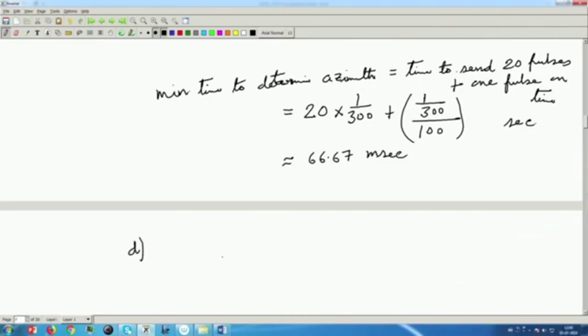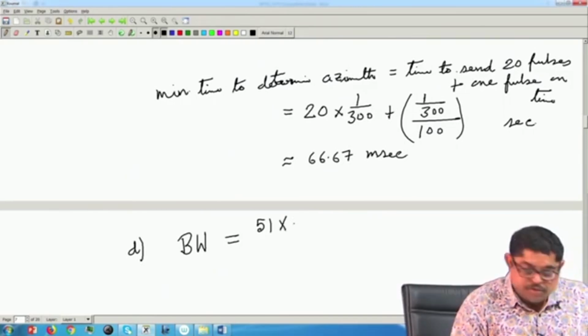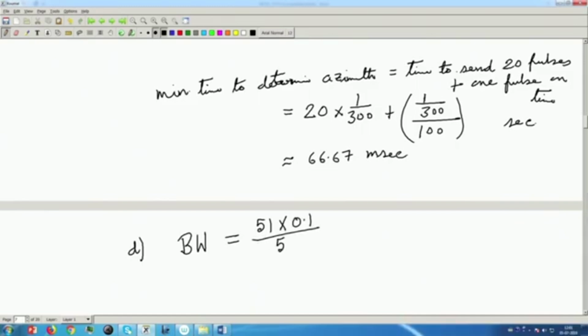Let us do the last thing: what is the time for scanning the full search sector in azimuth. Now, for that some antenna knowledge is required. Beam width of the antenna in the azimuthal plane is given by this. So, beam width is 51 into 0.1 by 5.1, in degrees.